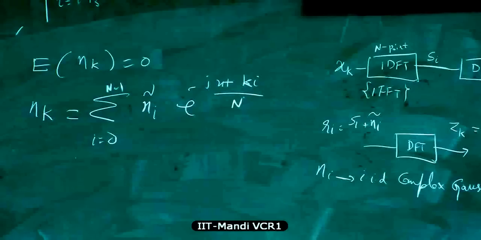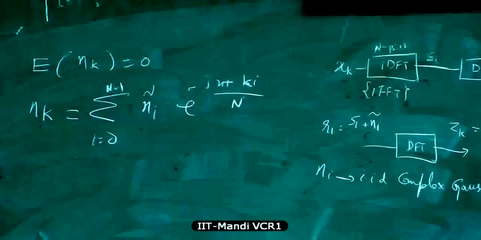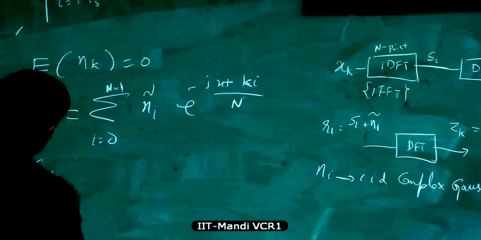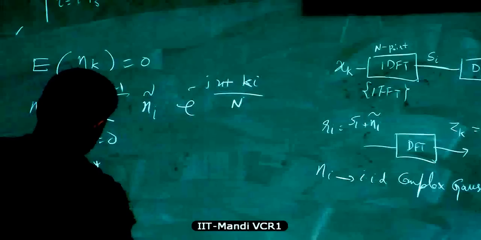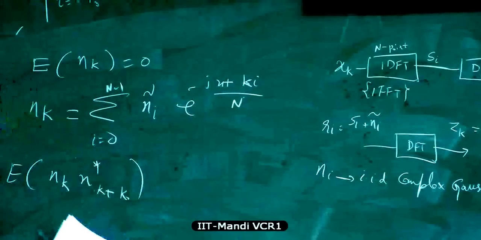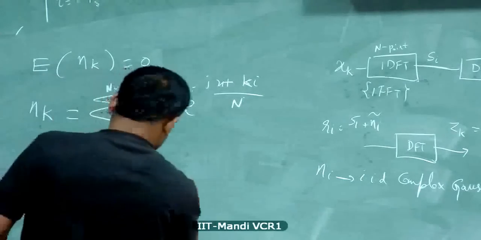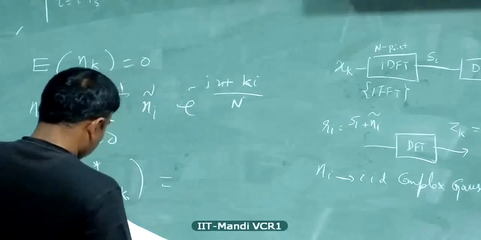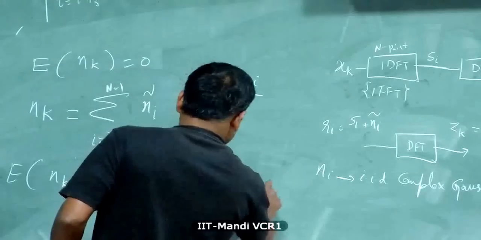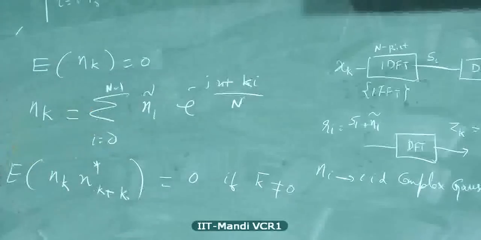But then what about the variance of N of K, or more generally, what is the autocorrelation function of this process N of K? Expected value of N of K multiplied with N conjugate of K plus K naught, where K naught is an integer, that is the autocorrelation function. It is equal to 0 if K naught takes any value other than 0.